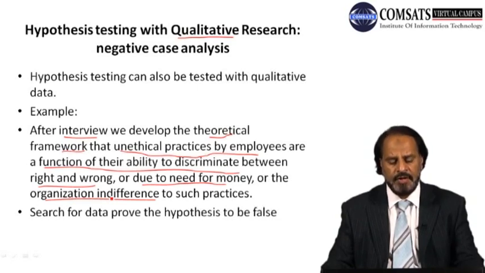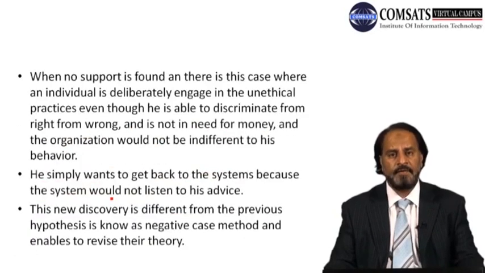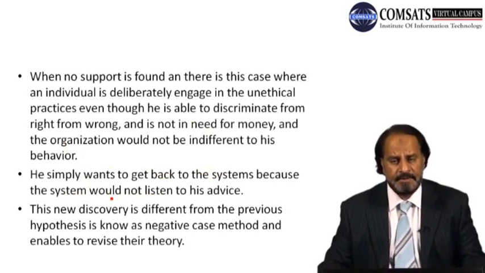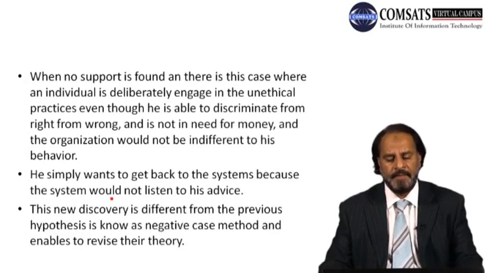Now searching toward proving this hypothesis could lead us to some false results. That is, we might find that this is not true, and we find no support for the framework, that is, for the three variables we said would influence unethical behavior.